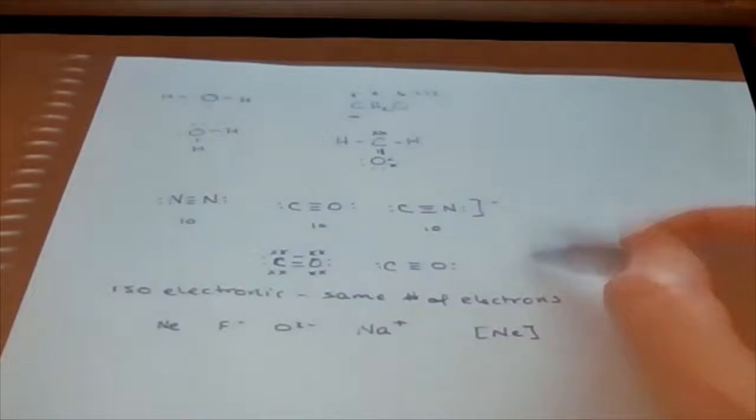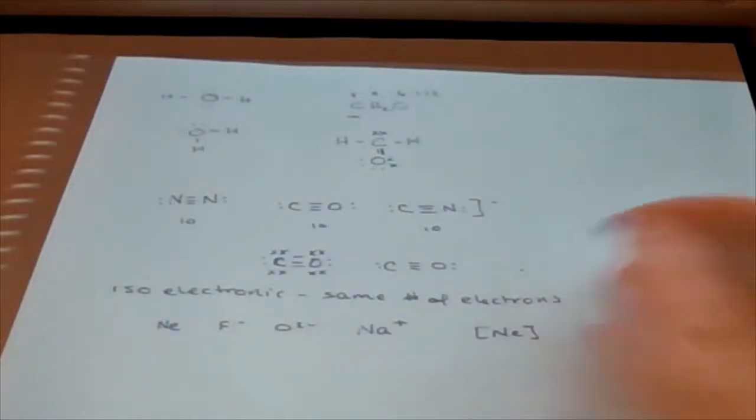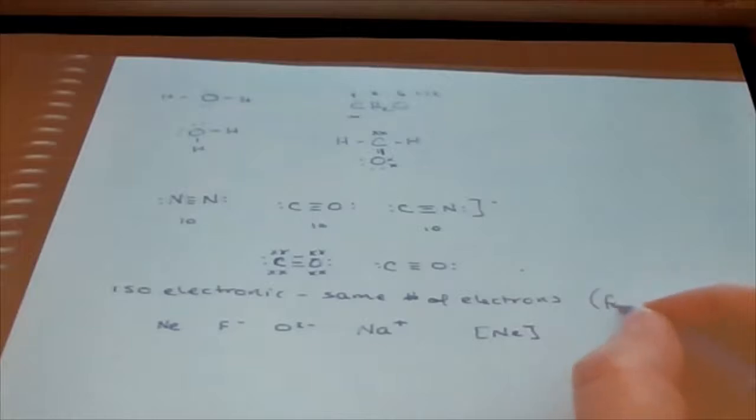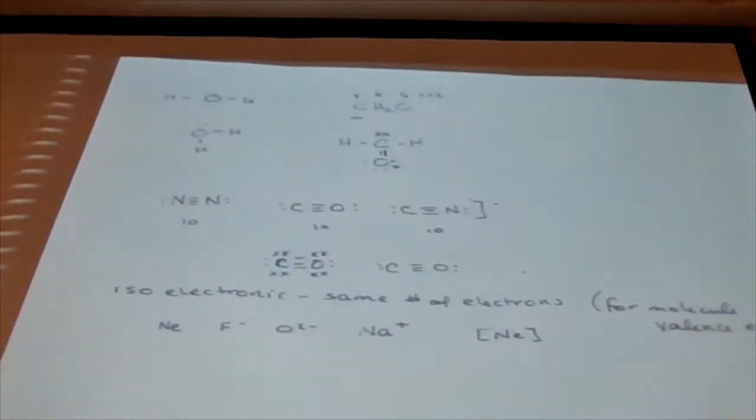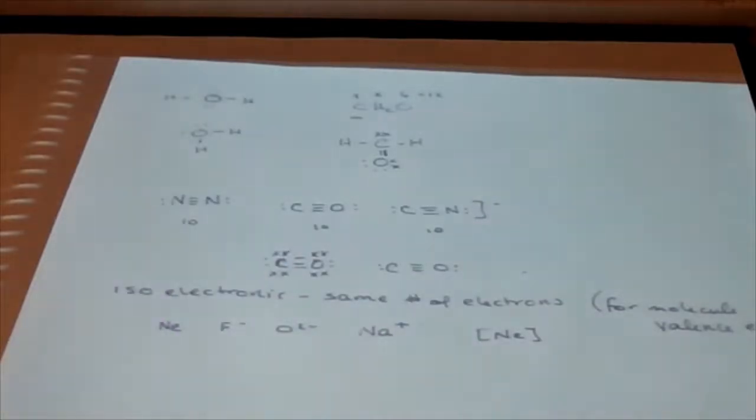But these are isoelectronic because they have the same total valence electrons. So anytime I have 2 atoms with 10 valence electrons, it's always going to end up looking this way. That's why it's useful to know when things are isoelectronic.